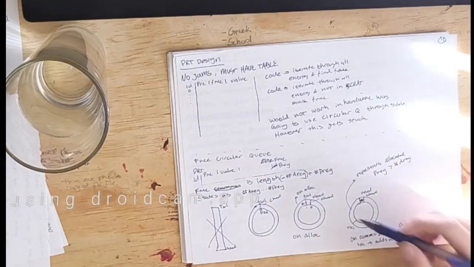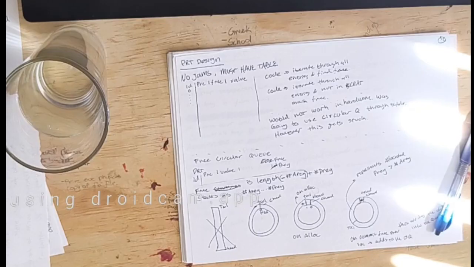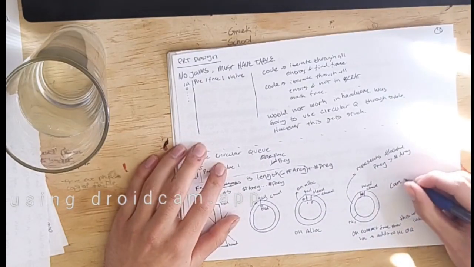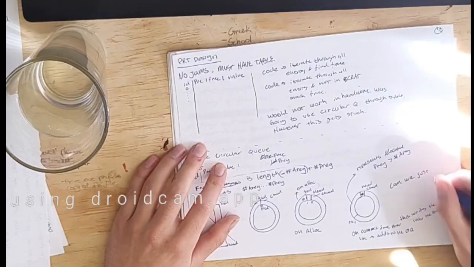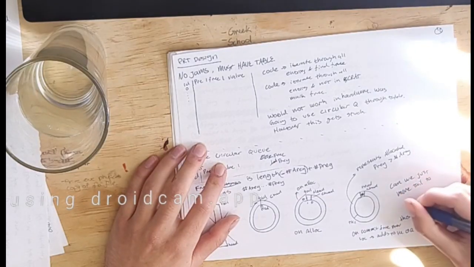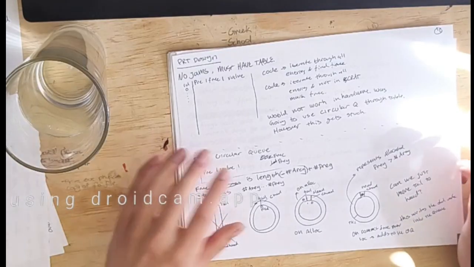Do we just move the tail to the head? Right, would that work? Can we just move the tail to the head?